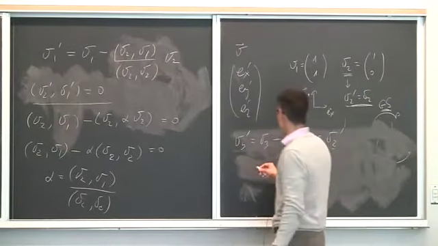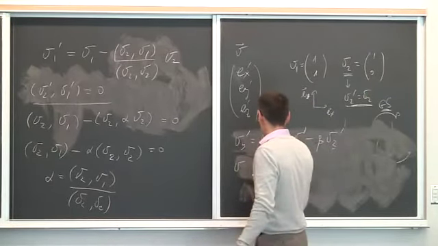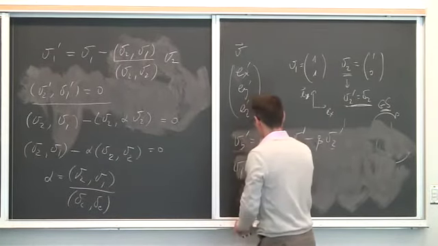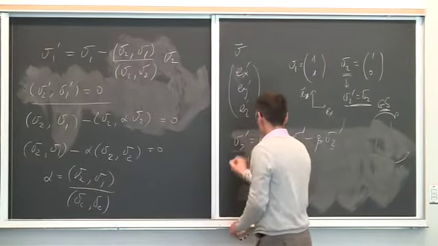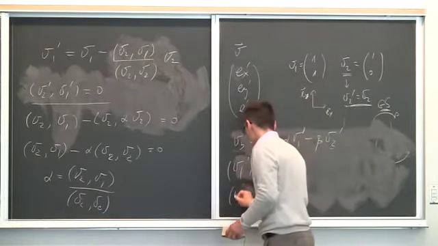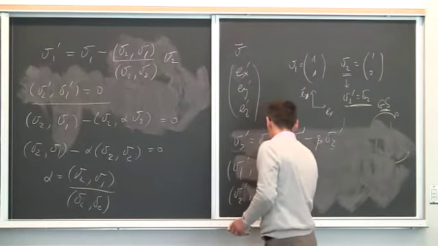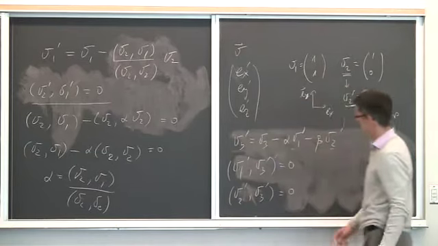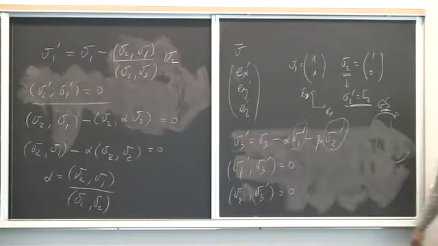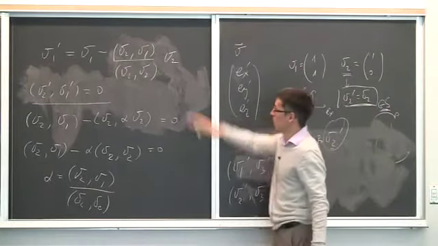So we find alpha and beta such that V1 prime with V3 prime must be 0, and the second condition is that V2 prime with V3 prime should also be 0. We already obtained these: this is our V2 prime, and this is our V1 prime.